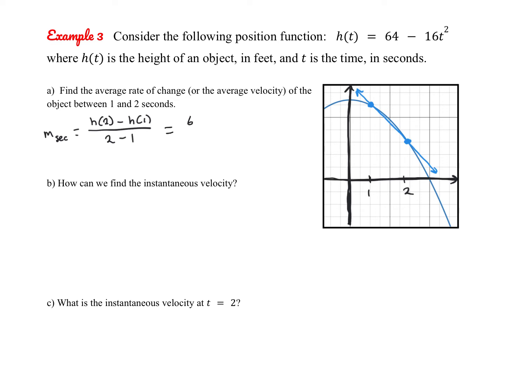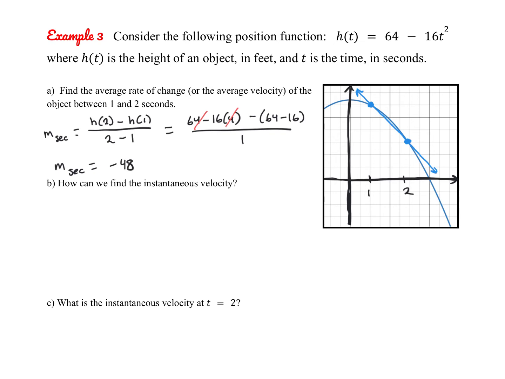So that gives us 64 minus 16 times 4, and then minus 64 minus 16 over 1. So the slope of our secant line, this gives us 0, and this gives us 48, so it's going to be negative 48.